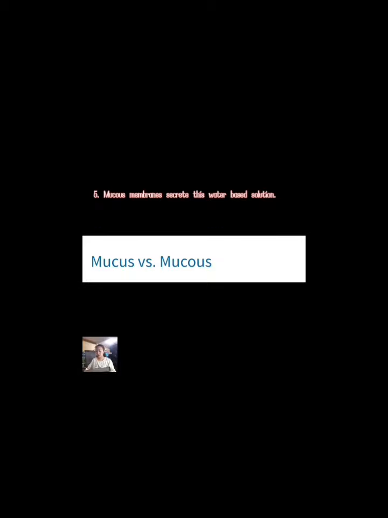The next question is, mucous membranes secrete this water-based protein solution. So the answer here would be mucus. The spelling is actually different. We have to know that the terms mucous, M-U-C-O-U-S, and mucus, M-U-C-U-S, are often confused.